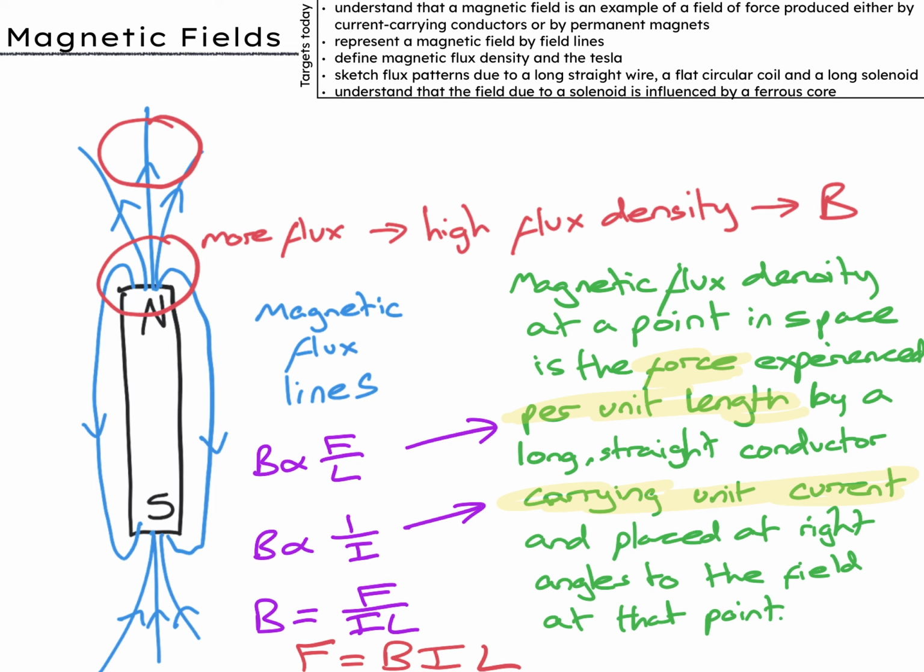The other information in that definition is important though, so you must include it. We are considering B at a point in space. The wire is long and straight, so there are no end effects to worry about. And the field is perpendicular to the wire.